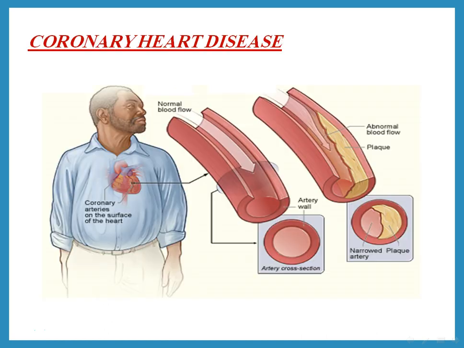Okay? Okay, so the coronary artery, we said the coronary artery brings blood to the walls of the heart so that it provides it with glucose and oxygen so that the muscles can contract and the heart can work properly, pumping the blood through the body.